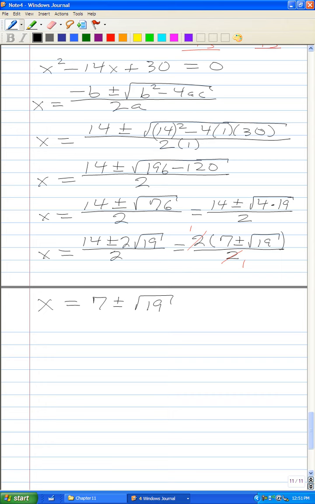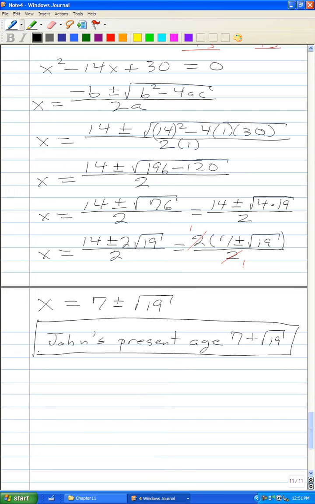Since he has to be at least 9 years old, then John's present age is 7 plus the square root of 19.